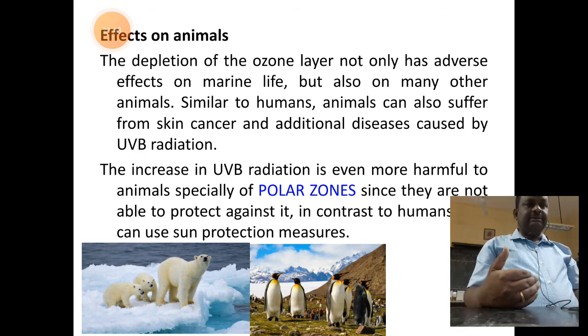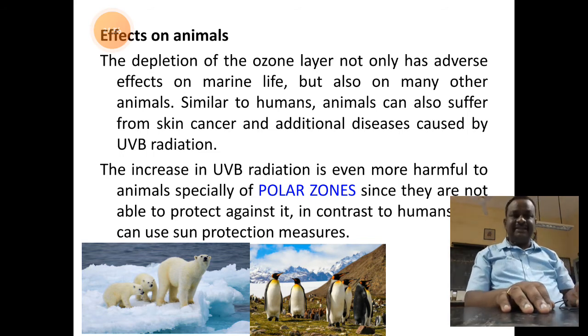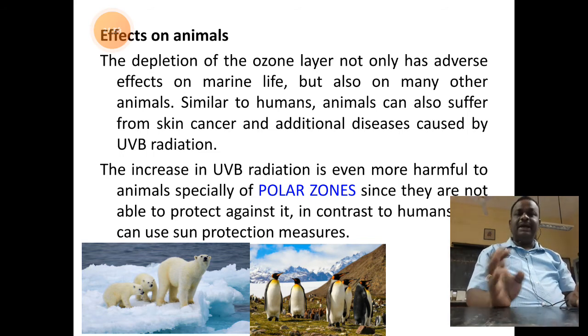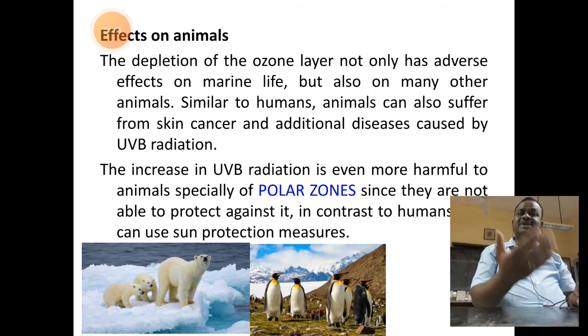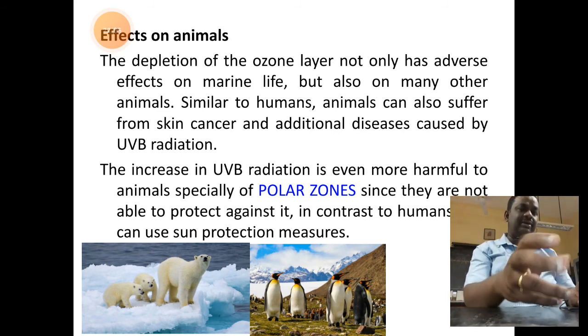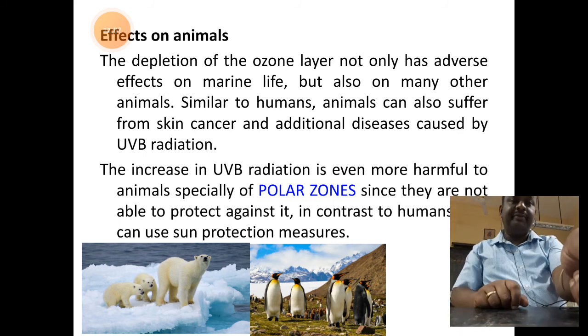But these animals, which cannot do so, show the harmful effects in their body system affecting their health. Especially animals that belong to the polar zones like penguins and polar bears that we see in the images down here.